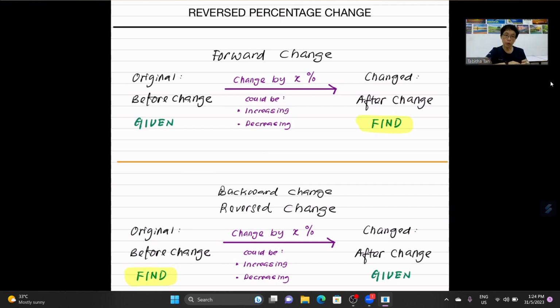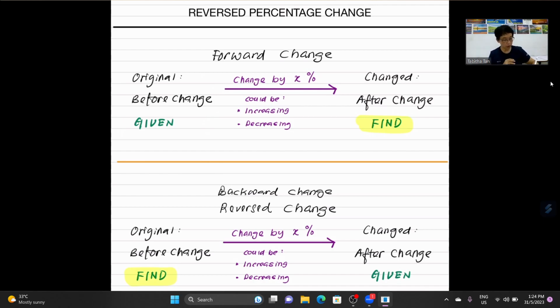The forward change, as shown here, means we know the original amount. For example, the original price of a pen, or the original quantity or number of people or population on an island. We know the original, and then this pen or the population goes through a certain kind of change.